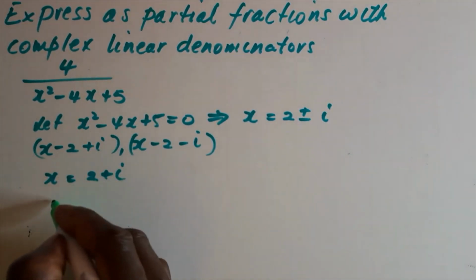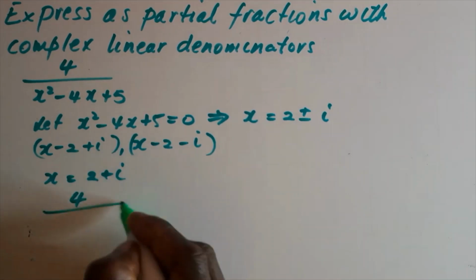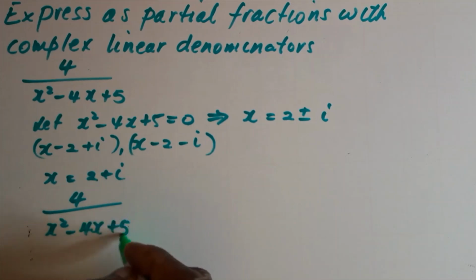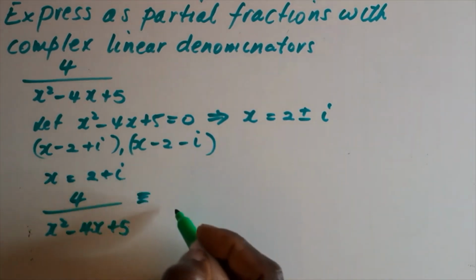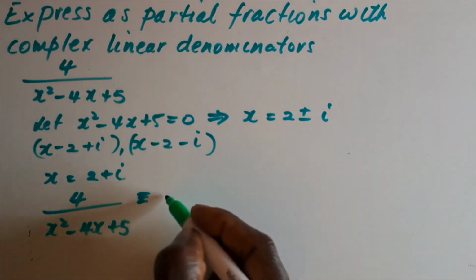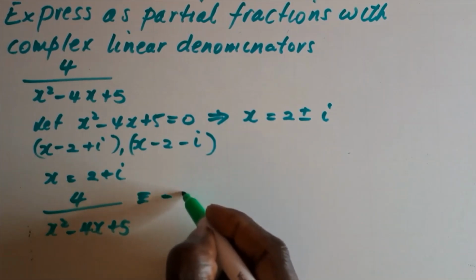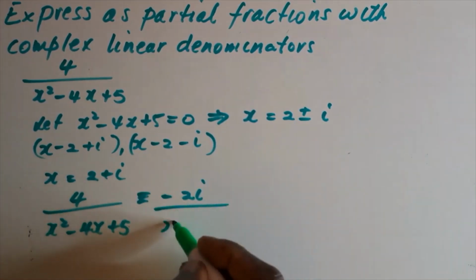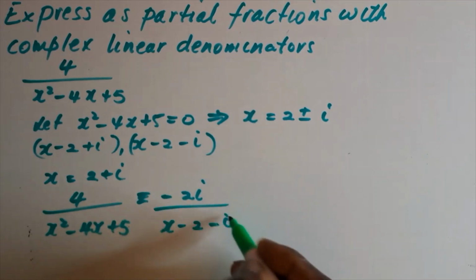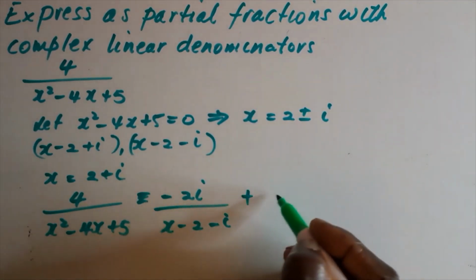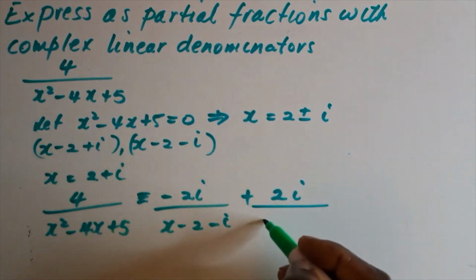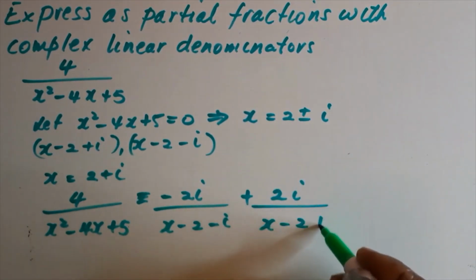We have 4 over x squared minus 4x add 5 equivalent to minus 2i over x minus 2 minus i added to 2i over x minus 2 add i.